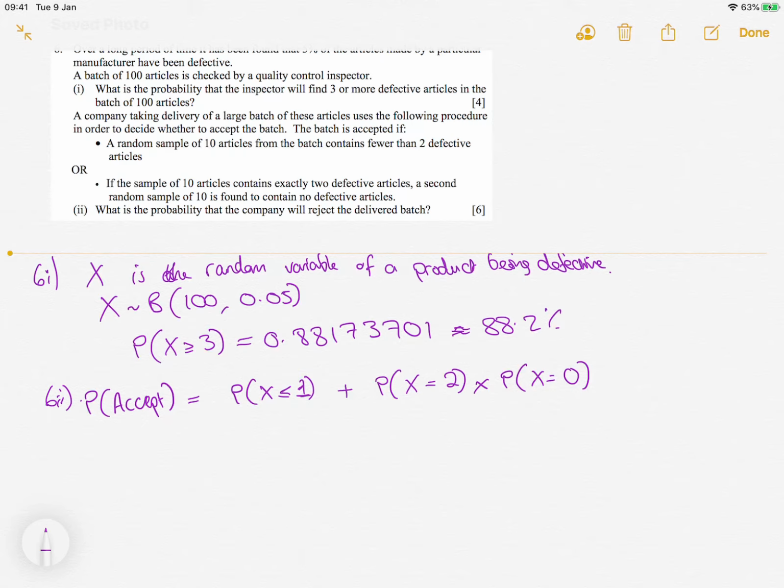So you take a sample of 10 and there's 2 defective, and then you take another sample and there's 0 defective. So that would be a multiplication situation because you're saying 2 and then finding 0.